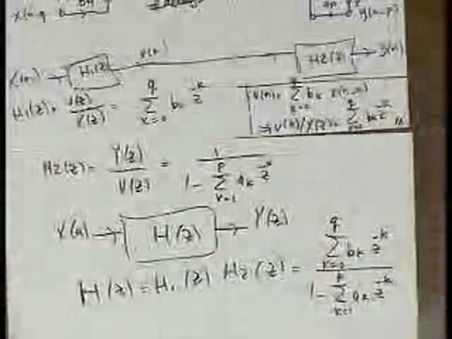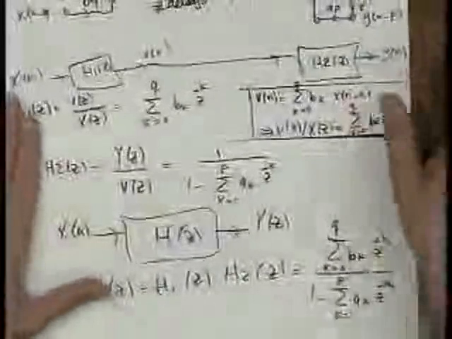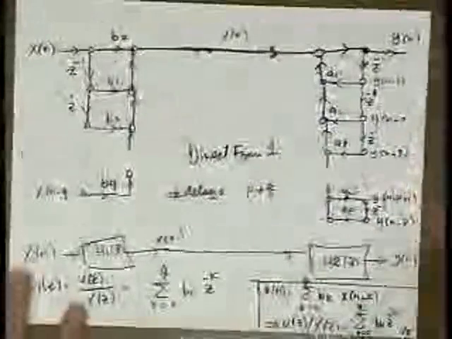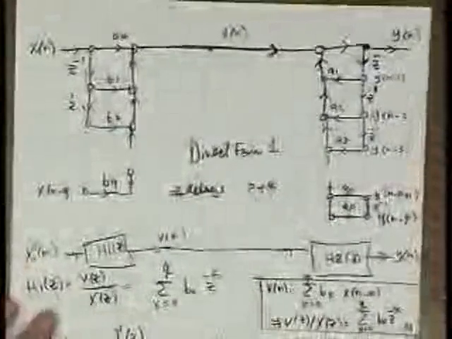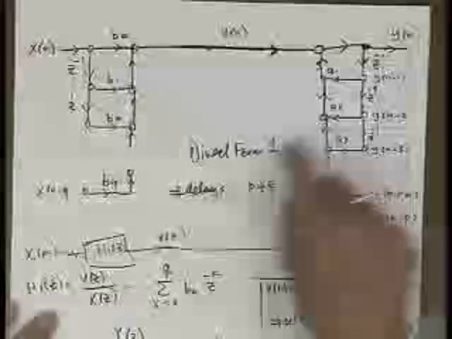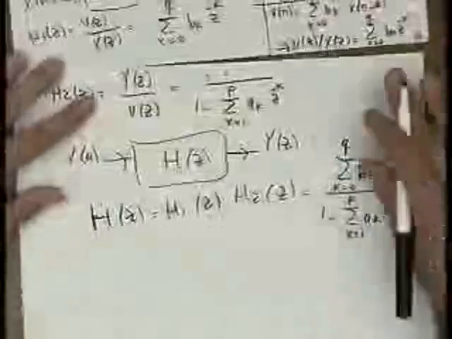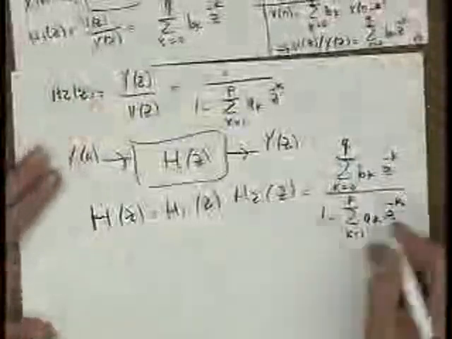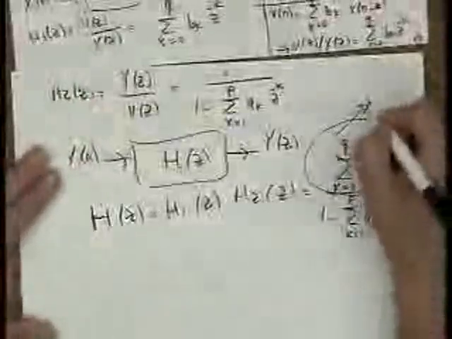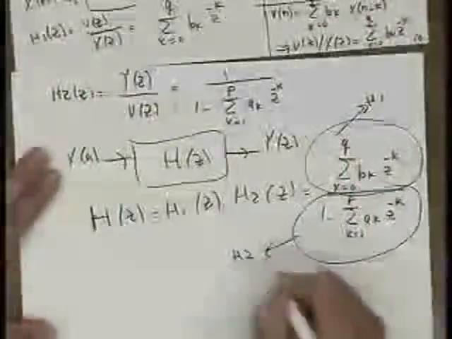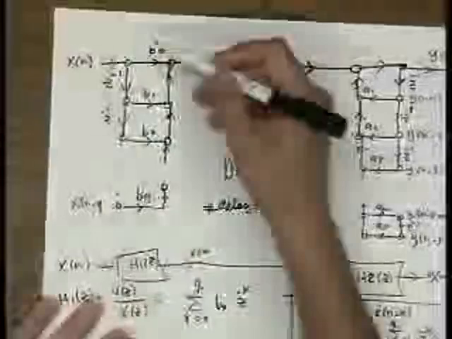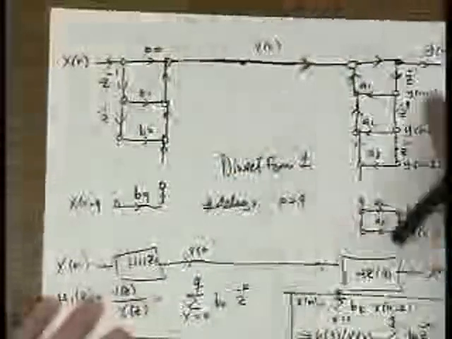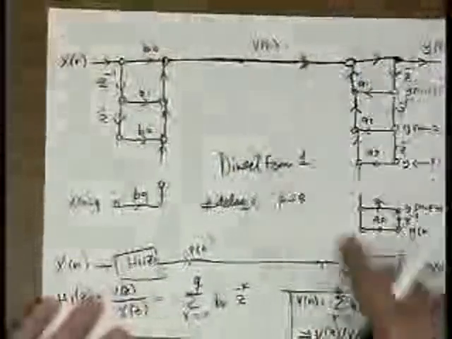But the reason I did all of these things is that if I look at this picture here, I have a blob which is H1, I have another blob which is H2. In direct form 1 I ended up implementing the numerator H1 first, and then the denominator of my transfer function H2 next.